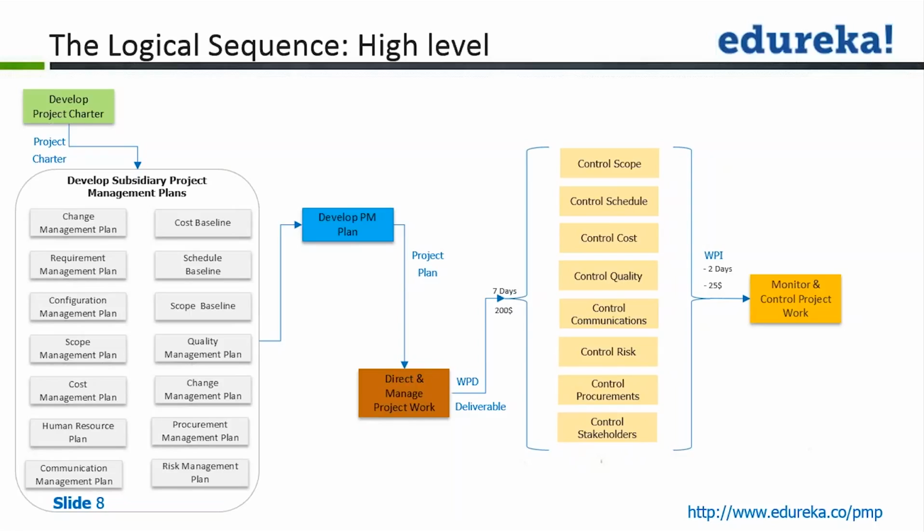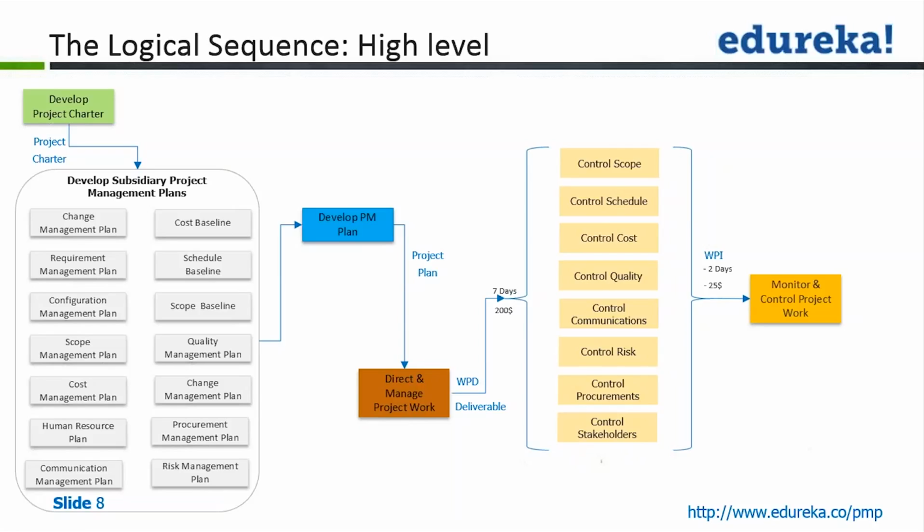After we have done this variance analysis for different elements of the project, we will then take this information to monitor and control project work. In continuation of the same example, where you completed your deliverable with a negative duration variance of 2 days and by overspending $25, now we need to see how this deviation is going to impact the overall project, because until now we have information only about that particular deliverable.